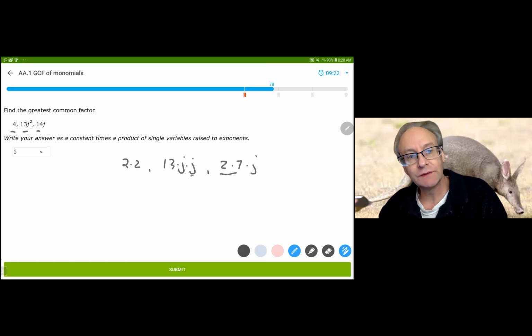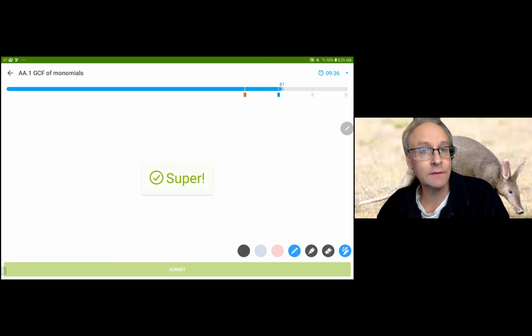But we say that those monomials or those terms are relatively prime because they have no common factors, and we use 1 as the only common divisor. Hopefully that's clear.